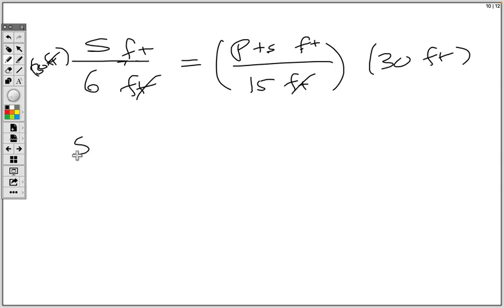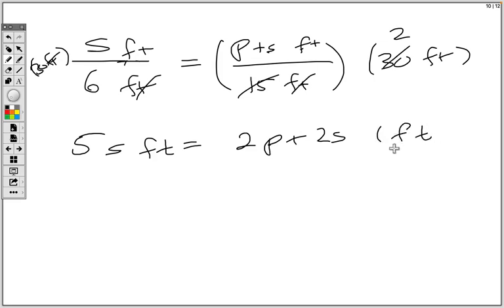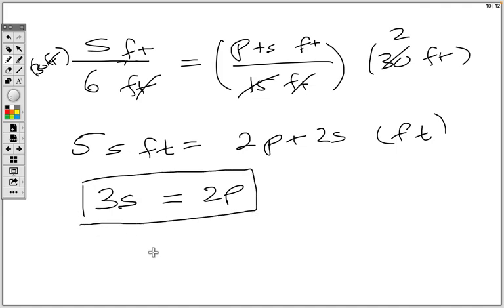I'd be left with 5S feet equals 2P plus 2S. Both of these are measured in feet. And so I'm going to get 3S measured in feet is equal to 2P. That's the relationship between S and P. And this is true for all time. Okay. So now I've related the two variables.